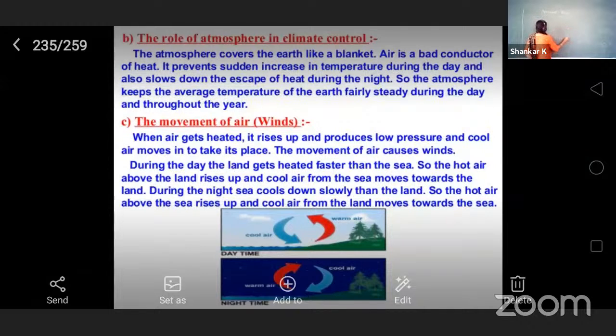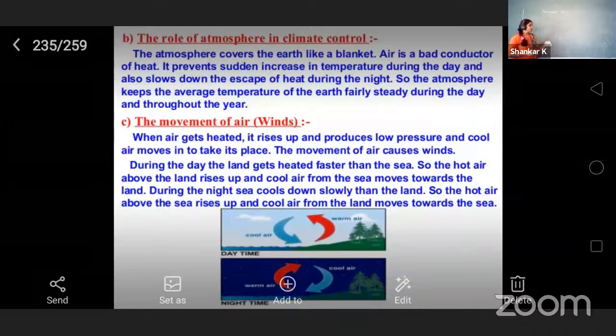One, two, three, four, five. These are the layers of the atmosphere: troposphere, stratosphere, mesosphere, thermosphere, exosphere. These 5 layers are there.